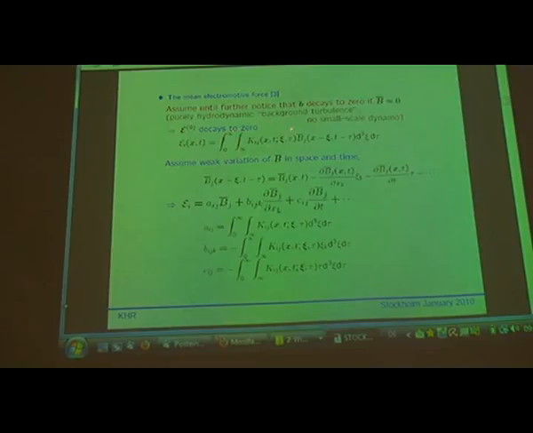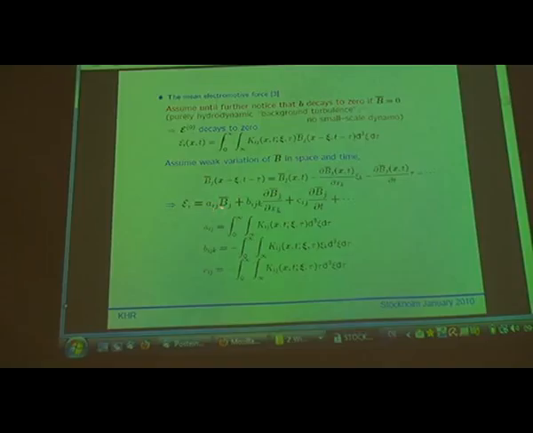Assume now that B varies only weakly in space and time. Then you can, in this integral, this Bj represent by a Taylor expansion. I have written down only the first 3 terms. And if you put this in this integral, you see that your E takes just this form.